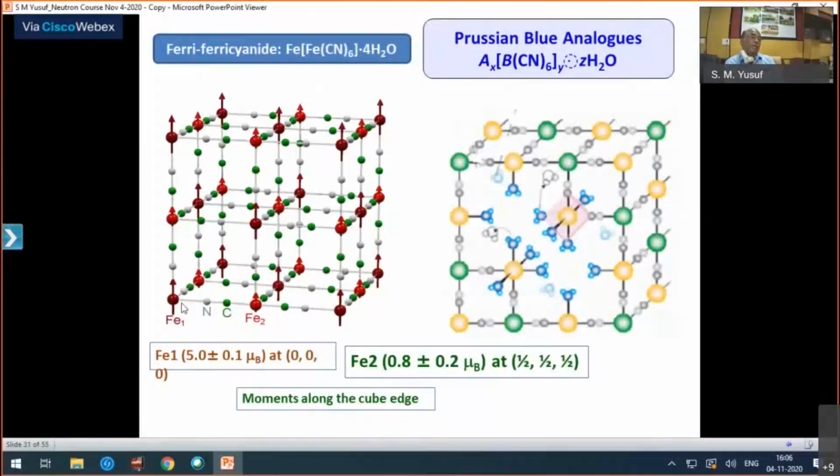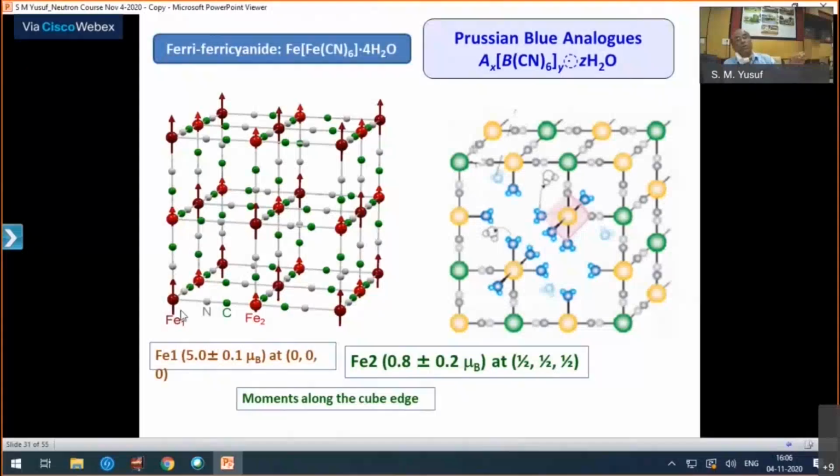You see here, this one has 5 Bohr magneton, which is at 0 0 0. But at the body center, 1/2 1/2 1/2, what is sitting there has only 0.8 Bohr magneton. Now you may wonder, as per Hund's rule, I told you that iron in the same oxidation state should have the same amount of moment, but that is not happening.